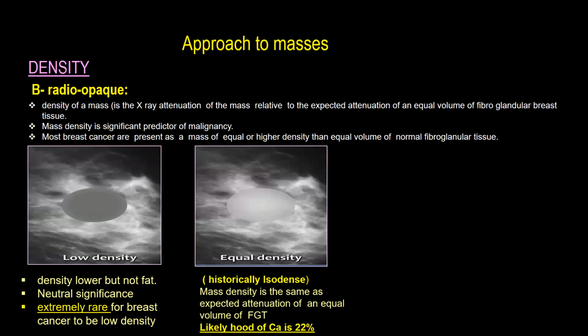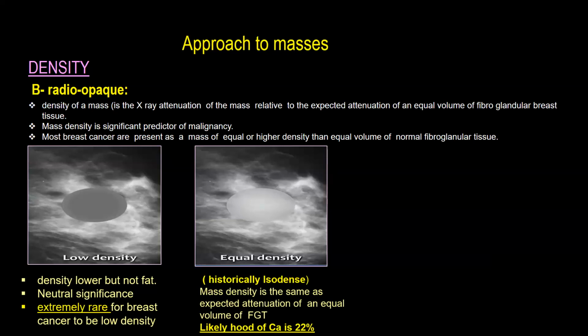Equal density, historically called isodense, means the mass has the same X-ray attenuation as an equal volume of fibroglandular tissue, and the likelihood of cancer here is 22%. It will be in the BIRADS group.